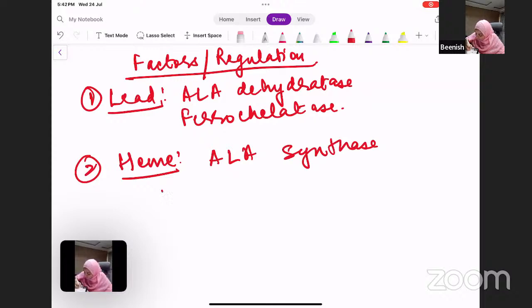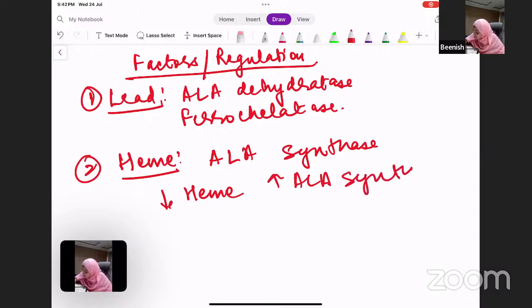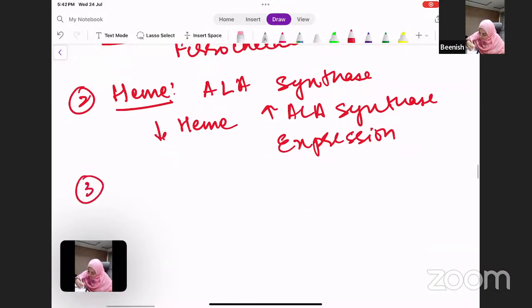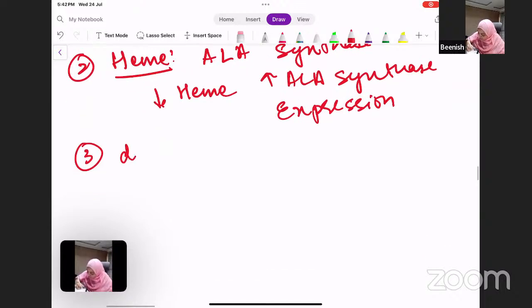Okay, so when heme levels are low in the body, your ALA synthase expression is increased. That is, the gene for ALA synthase is transcribed more. Okay, and then you have certain drugs like barbiturates.